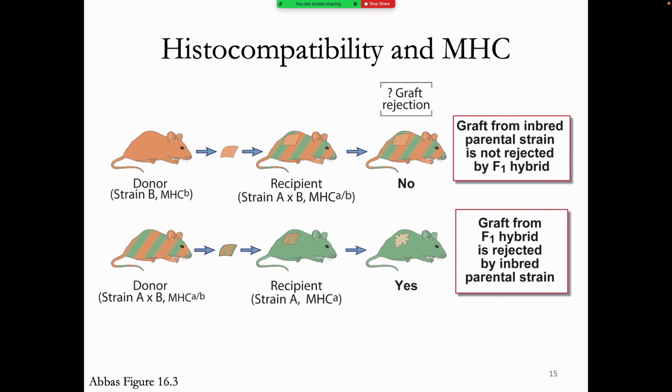Whereas if you put skin from this mouse into another, now we've got some foreign stuff in this graft. The graft is rejected. You can also note that here we're actually looking at the hybrid, or the child of these two different parents. And so this talks about the parent to child versus child to parent.